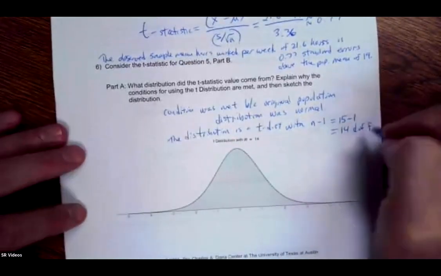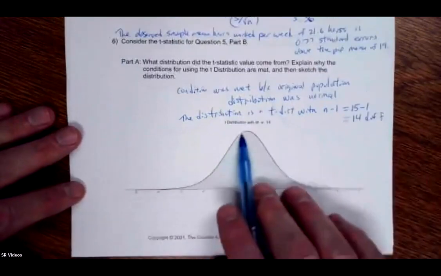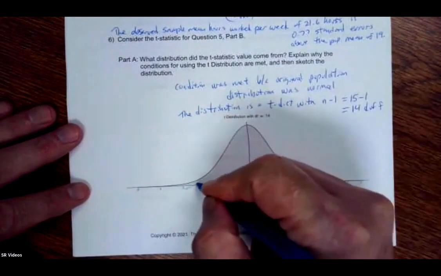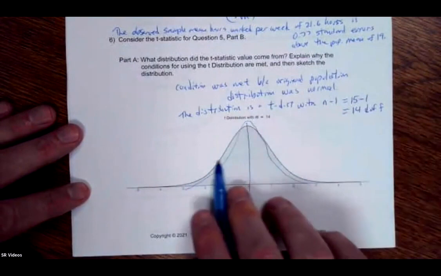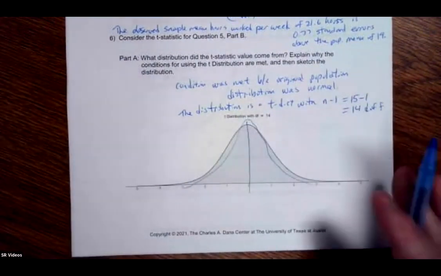Say degrees of freedom. And this is what the distribution looks like. It's just a rough sketch. Again, it looks and smells like a normal distribution or standard normal, but this one would have a little bit more probability in the tail. We had talked about that already. So here's a sketch.